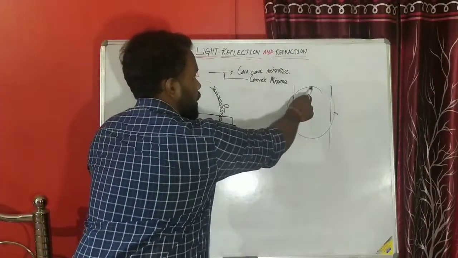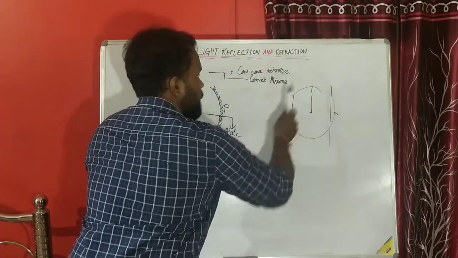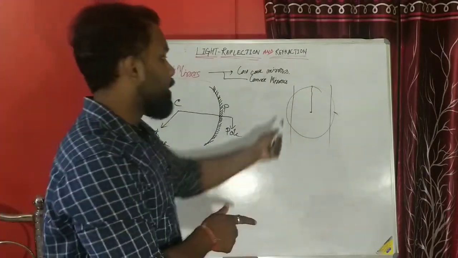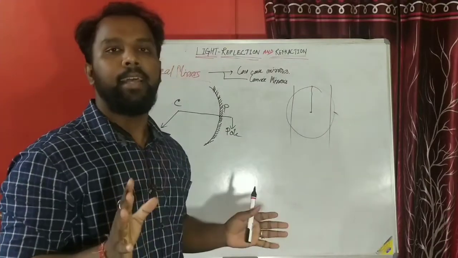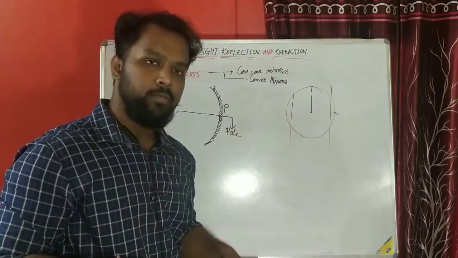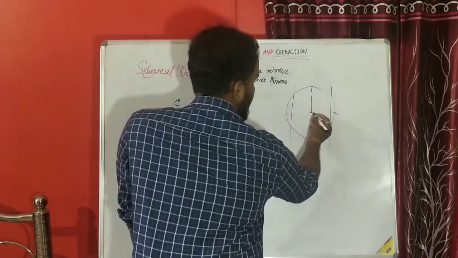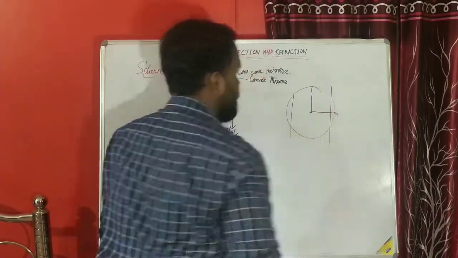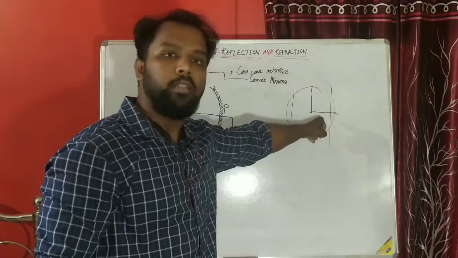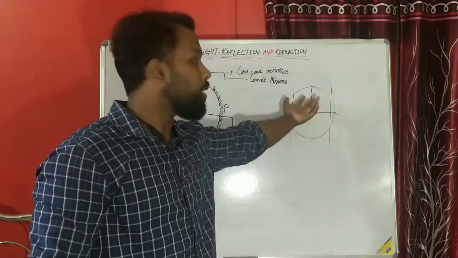If I join this line from here to here, what is this line actually called? This line is actually called radius. If I draw one more line from here to here, this is again a similar radius.